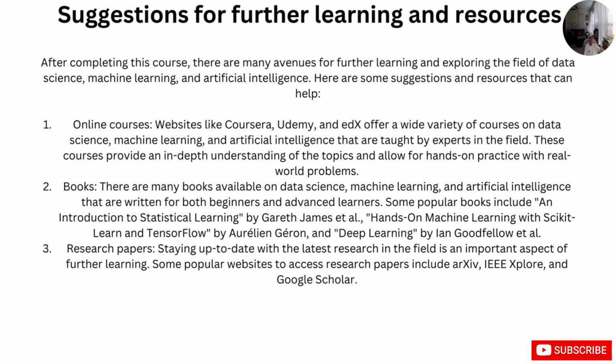Number 3, research papers. Staying up to date with the latest research in the field is an important aspect of further learning. Some popular websites to access research papers include arXiv, IEEE Xplore, and Google Scholar.